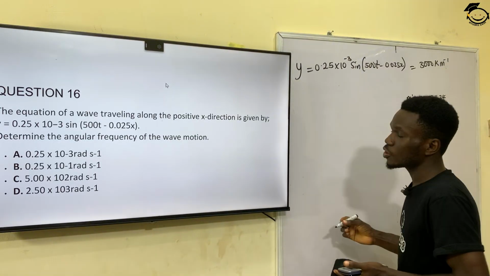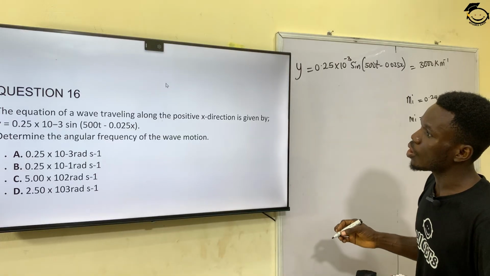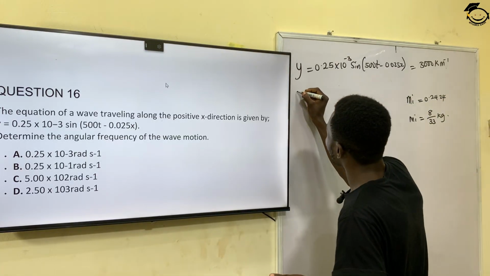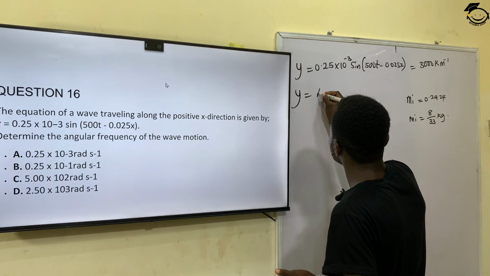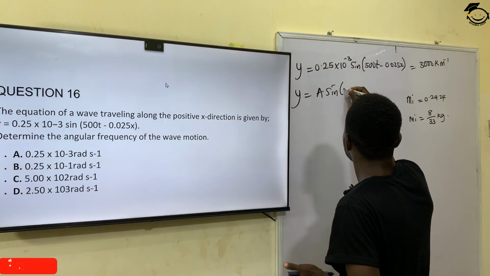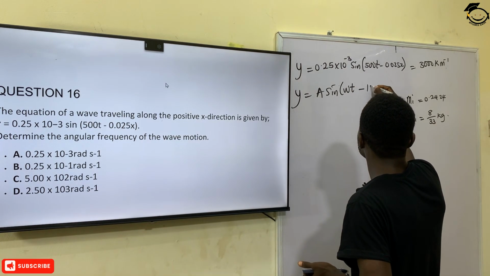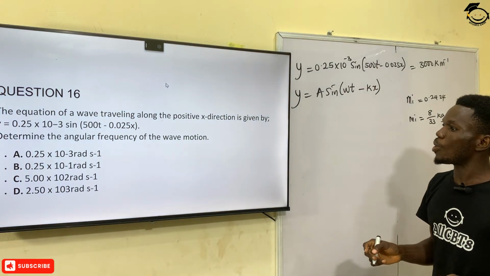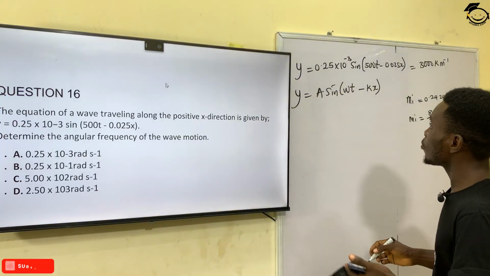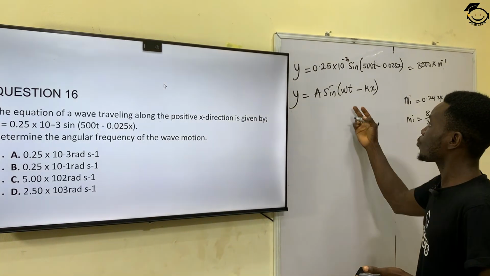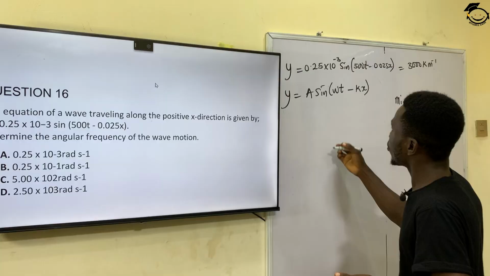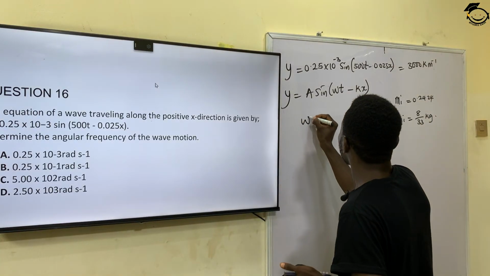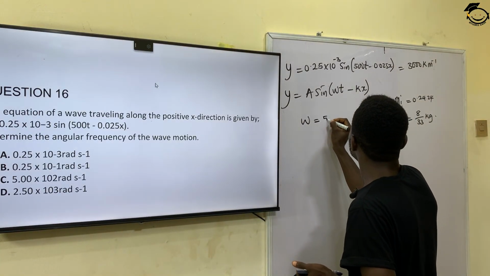Now this question just requires you to understand the equation of a wave. The original equation of a wave says that my y is equal to a sine (omega t minus kx). So all you have to do here is equate. So we are looking for the angular frequency. Now angular frequency here is omega. So what it simply means is that my omega is equal to 500.